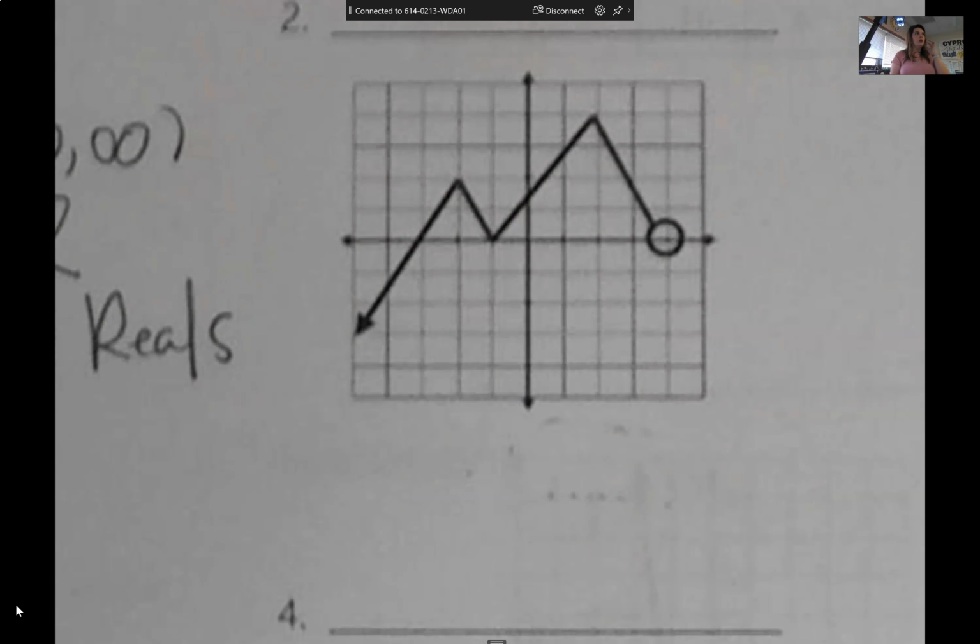Remember, lowest to highest. You just take it and go.